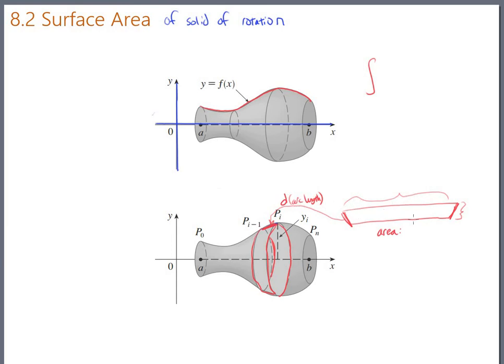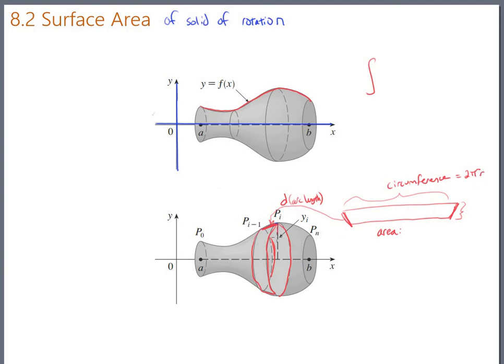But the other side is just the length, the circumference of this circle, right? Remember, we took a circle and we cut it open and laid it flat. So that's the circumference of the circle. Circumference, we do know a formula for that, which is 2 pi r.